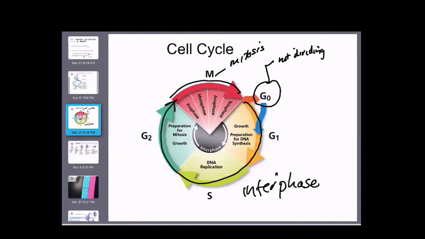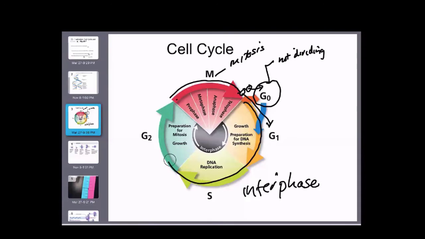And mitosis ends with a division into two new identical daughter cells. And then the fate of those daughter cells is going to depend on where they are and what needs to happen to them.